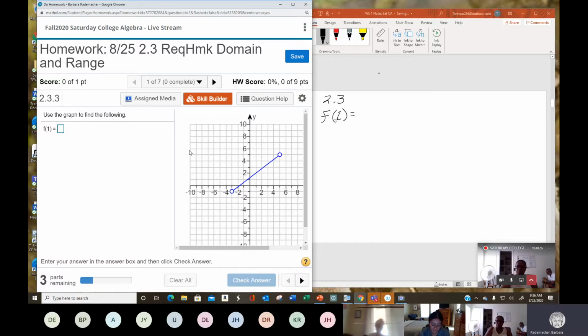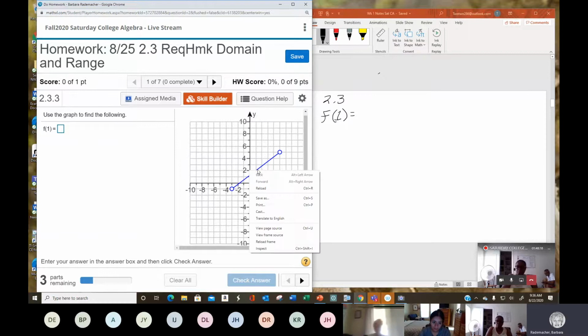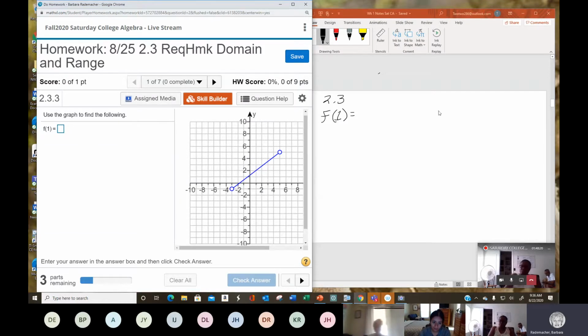But this is to help you learn what functions really are. What they do is they take a number from the x-axis and they move it to the y-axis. So f of 1, here's 1 right here. Do you see my mouse hitting number 1 on the x-axis? Okay, good. The reason I keep asking is I'm just unsure what you're able to see.